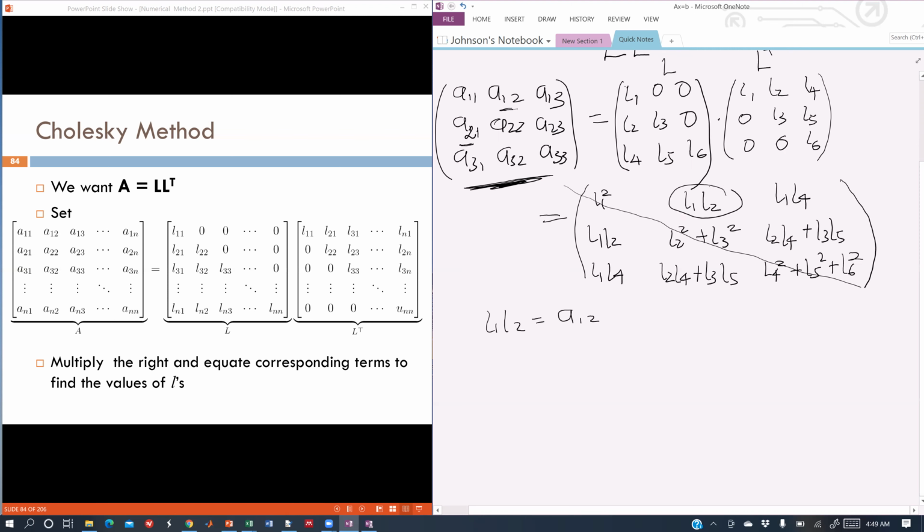This particular entry will be equal to this entry. And then we can also say let this L1, L2 be equal to the A21.